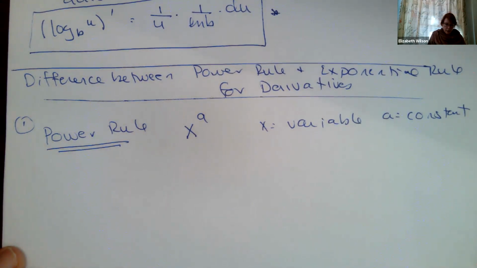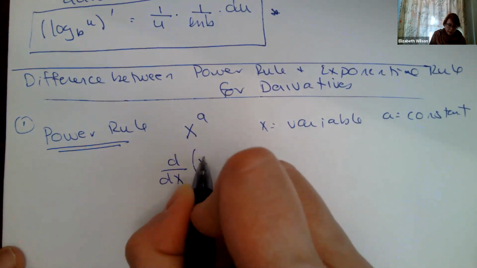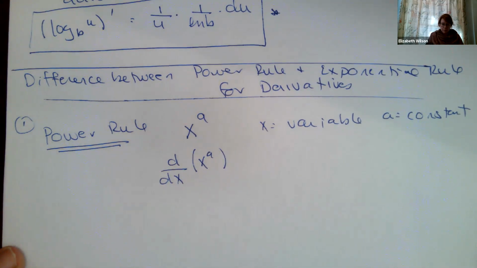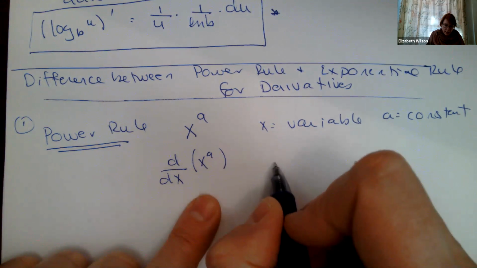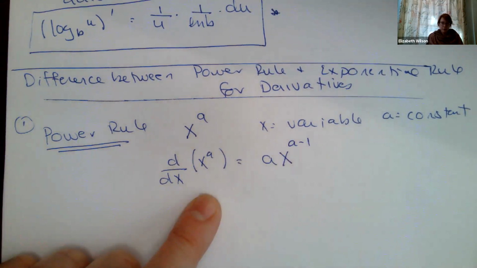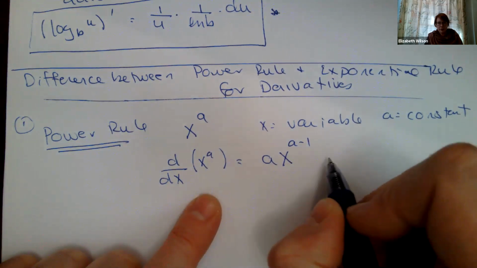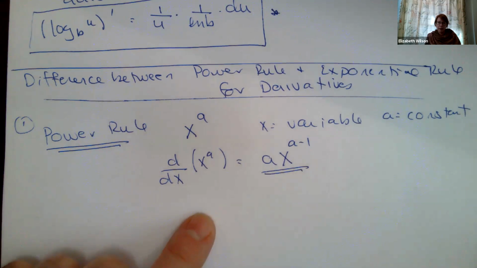If I want to find the derivative, d/dx of x to the a, I'm going to apply my power rule. So I bring down the a out front, and then I subtract 1 from the exponent. And if there's some kind of chain or other things, I would include those. But this is my basic power rule right here.